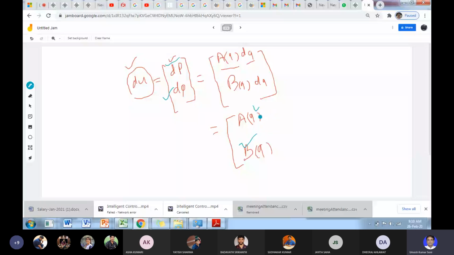Together, this matrix is called the Jacobian of q, times dq.